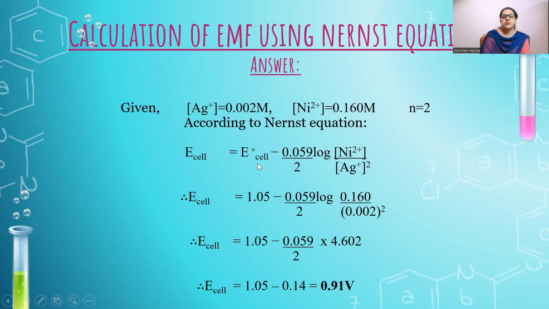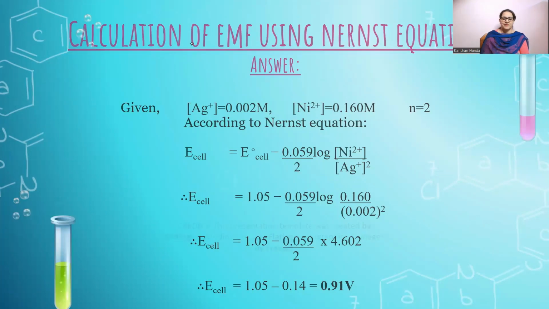In the Nernst equation, we substitute the value of E naught of the cell and the molar concentrations for nickel ion and silver ion. After doing the calculations of this, we will get the value of EMF for the cell, that is 0.91 volts. By giving this example of NCERT, I conclude my topic of Nernst equation.